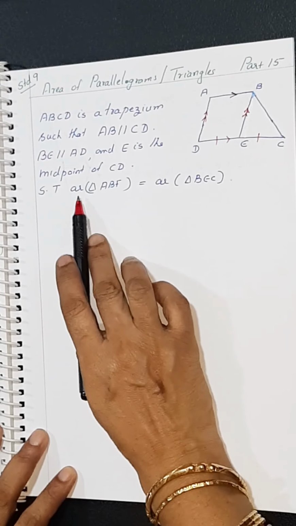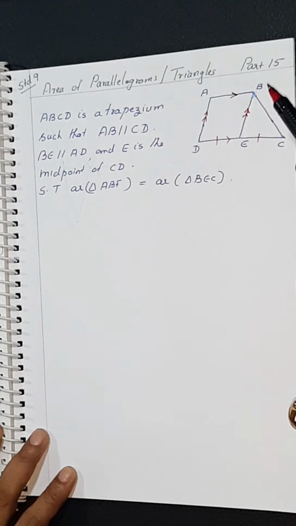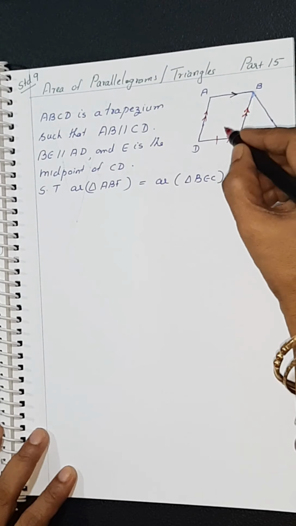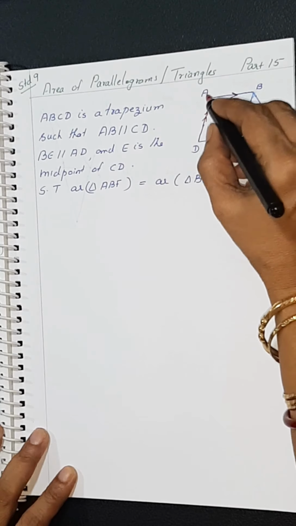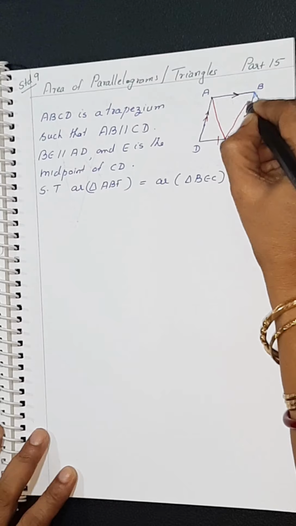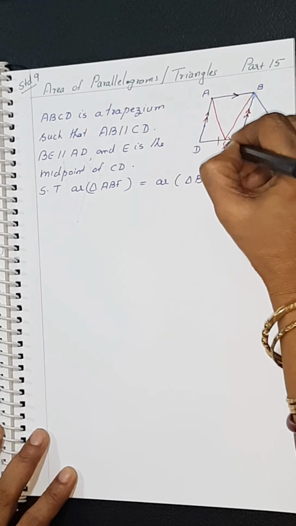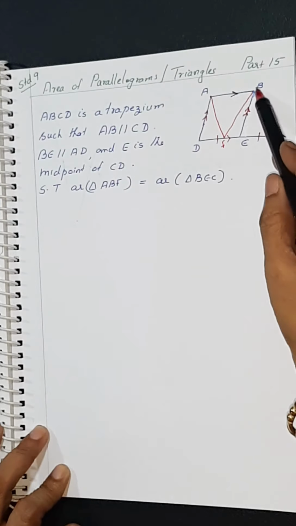Now we have to show that area of triangle ABF, I have forgotten to draw this point, so this point is F, is equal to area of triangle BEC.